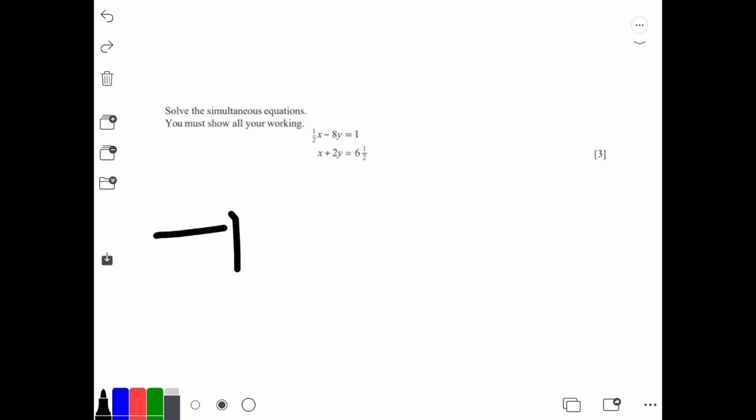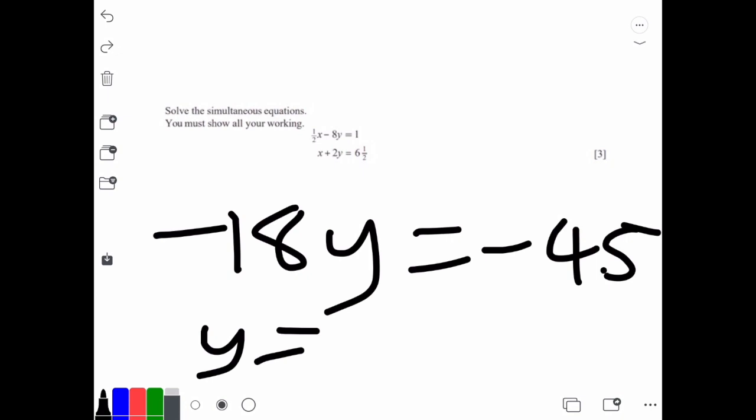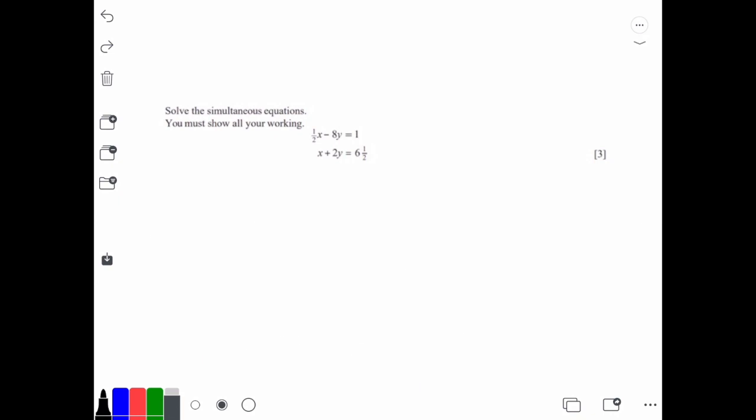And as we can see, it means that negative 18y is equal to negative 4.5. That means y is equal to negative 4.5 over negative 18, which equals 0.25 or 1 over 4. Now that we have y, we can substitute what we found for y into one of the two equations.